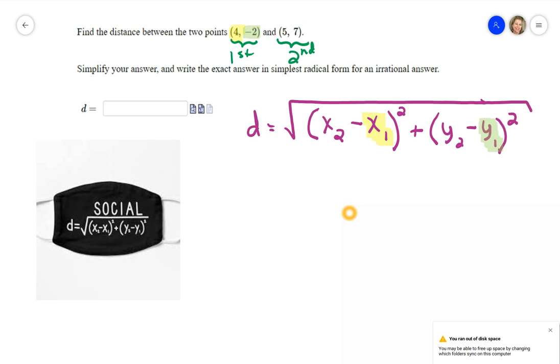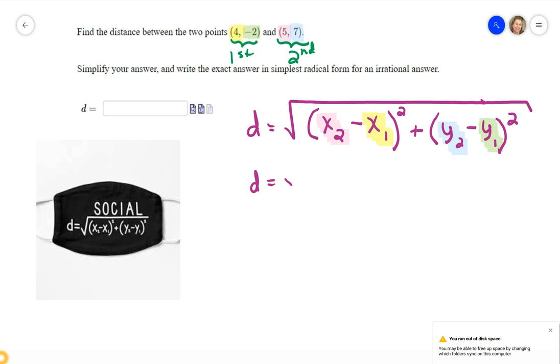And then we've got this 5, which is the x coordinate from the second point, so that's going to go right here. And last but not least, this 7, which is the y coordinate from the second point, should go right there.